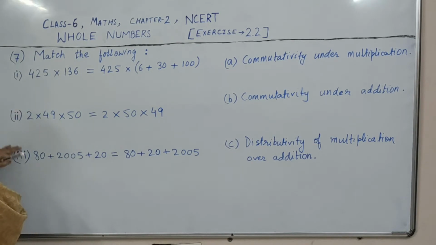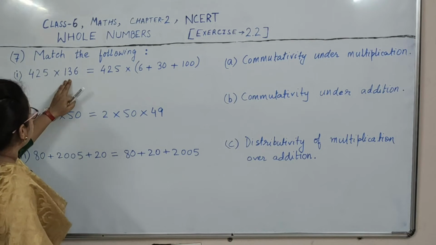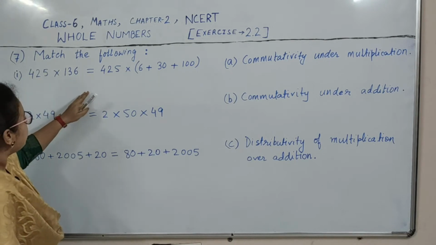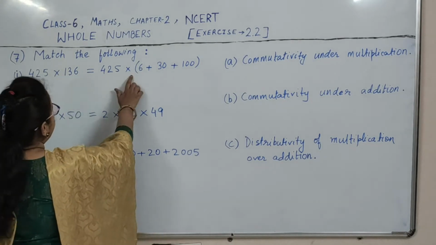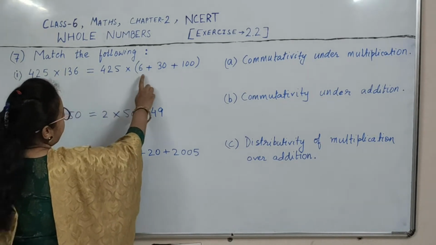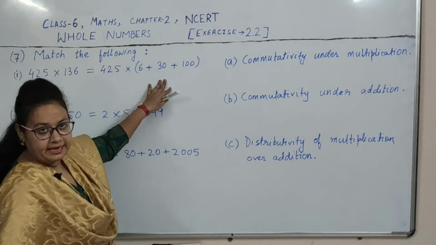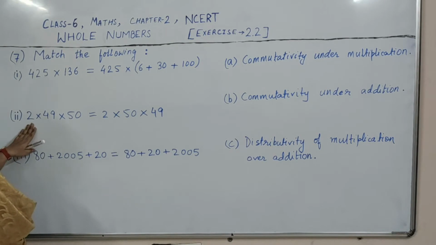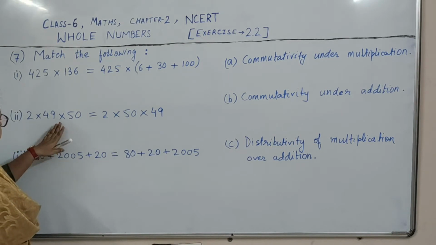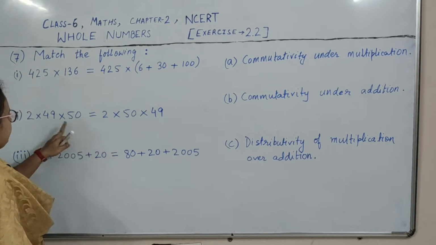See, 1, 2, 3, these calculations are all given. 425 multiplied by 136 is written as 425 multiplied by 6 plus 30 plus 100. So we can write like this. Now in the second question, 2 into 49 into 50 is written as 2 into 50 into 49.